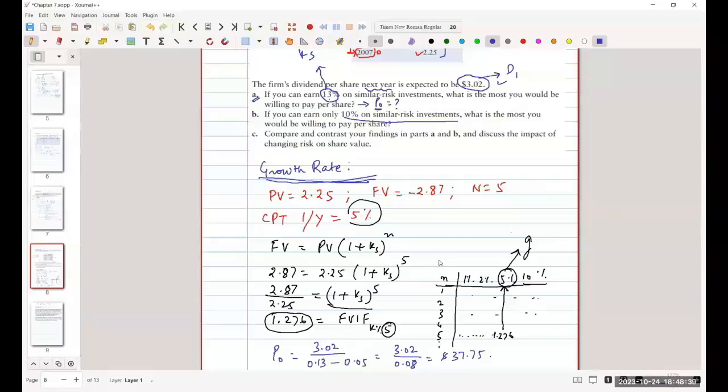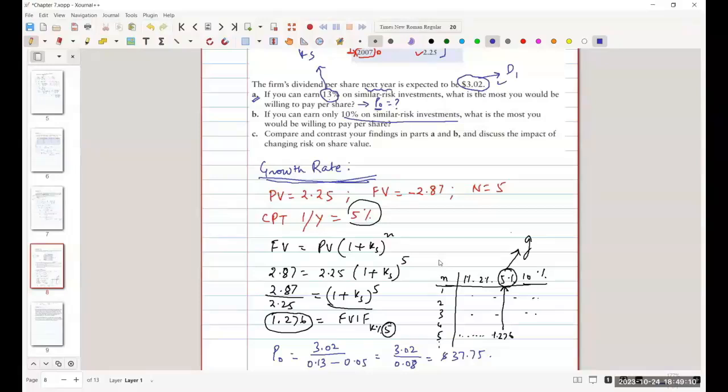If you start feeling that this particular investment has become now a little bit safer as compared to what it used to be, so that now you require a lesser return from such kind of an investment, like in this case, the required return has gone down from 13 to 10%, then as the risk perception declines and the feeling of safety increases, that is reflected in a lower value for expected return or required return.